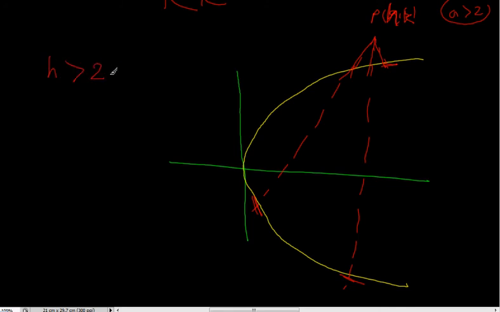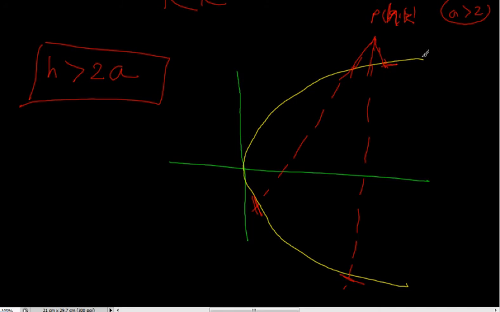That's the relation: H should be greater than 2A. If H is greater than 2A, you can draw 3 normals to a parabola.